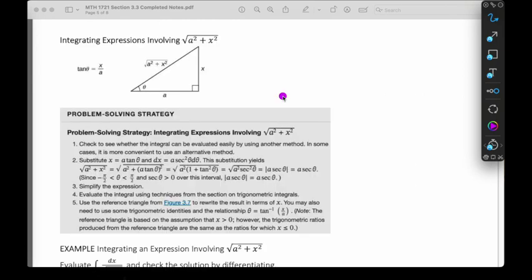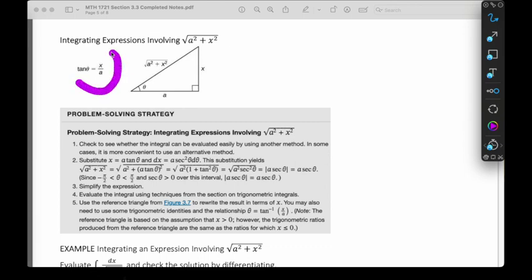So now we're going to talk about integrating expressions that have the square root of a squared plus x squared in them. And it's going to be very similar to what we did previously. Our triangle is just going to be set up differently. So our adjacent side is going to be a, our opposite side is going to be x, and our hypotenuse is going to be the square root of a squared plus x squared.